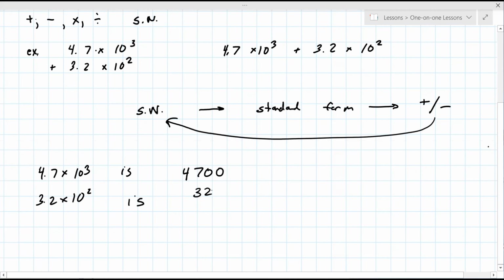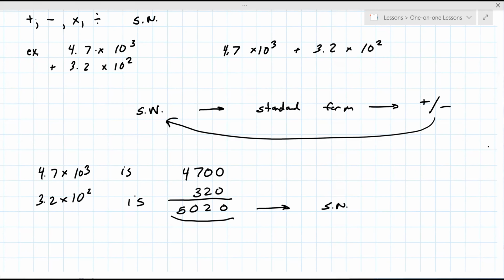Okay. So we can line those up, add them up, right? What is this number now in scientific notation? How do we go back to scientific notation? 5.02 times 10 to the third power.